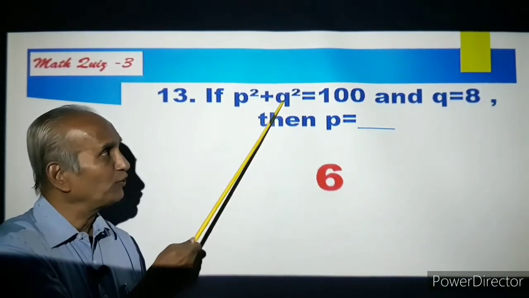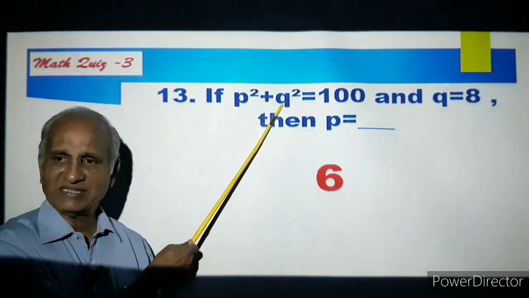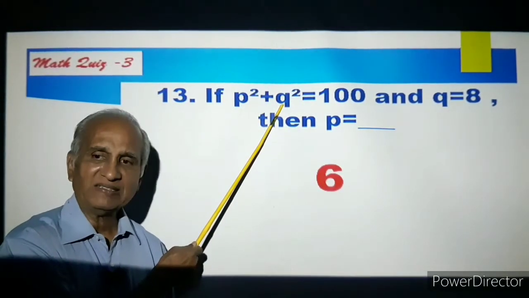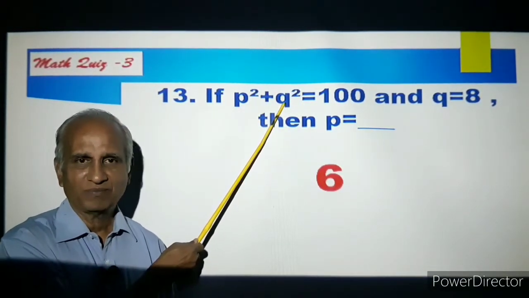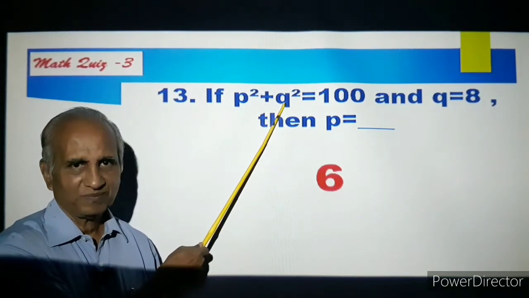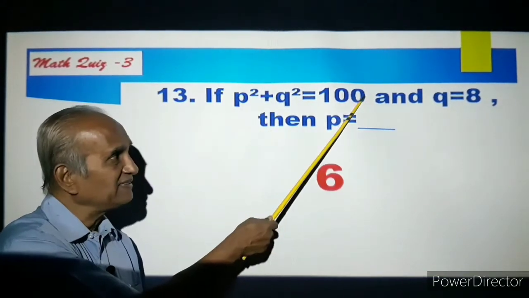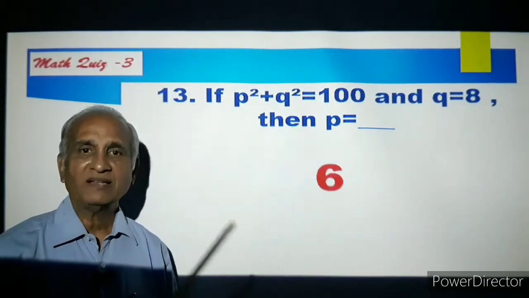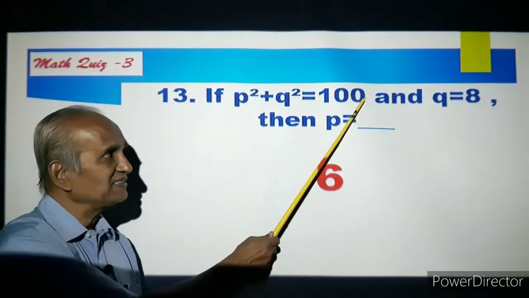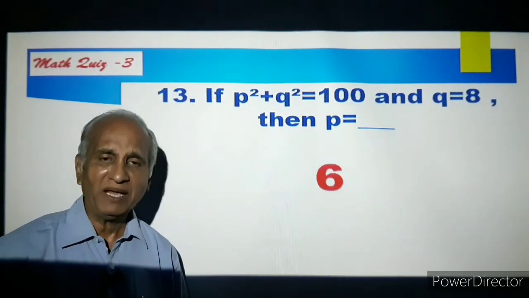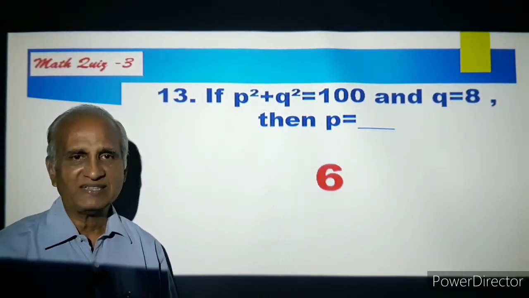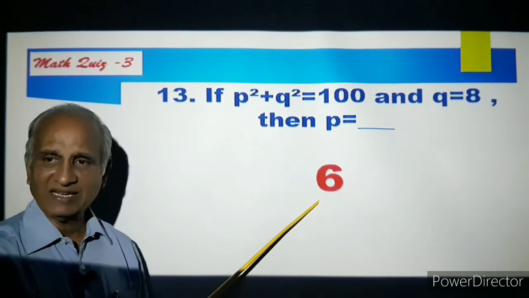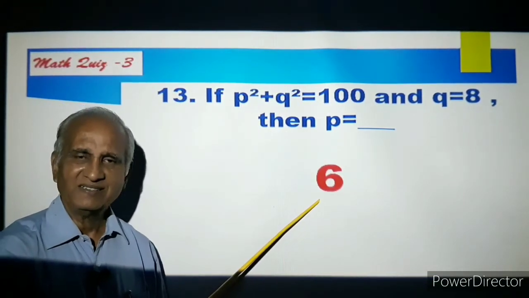We know the value of Q, it's given. Q is 8. Q squared is 8 into 8, 64. Shift it to the other right side. 100 minus 64, it becomes 36. P squared is 36. How much is P? The root of 36 is 6. So the answer is 6. P is 6.